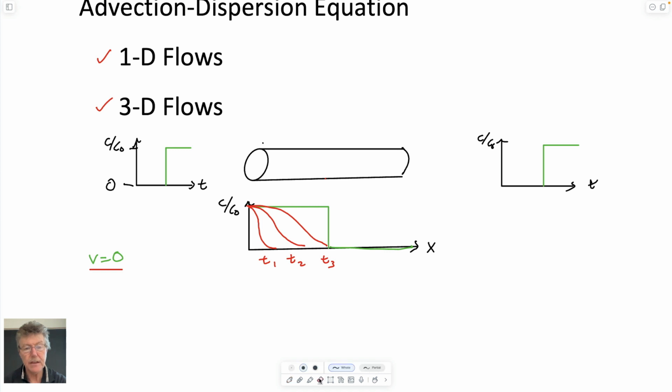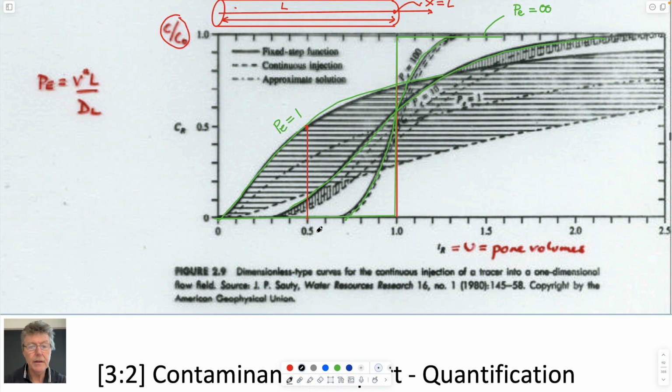in this particular case, I guess I'm going to get rid of these. Now I'm going to draw below it. So if the Peclet number is equal to 1, then that means that at half a pore volume, the concentration at the end point is equal to about 0.5.